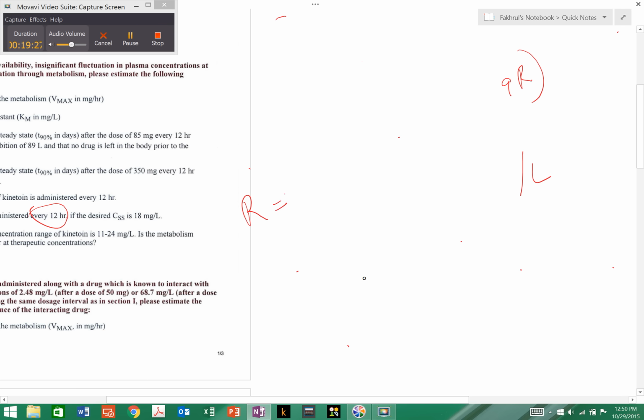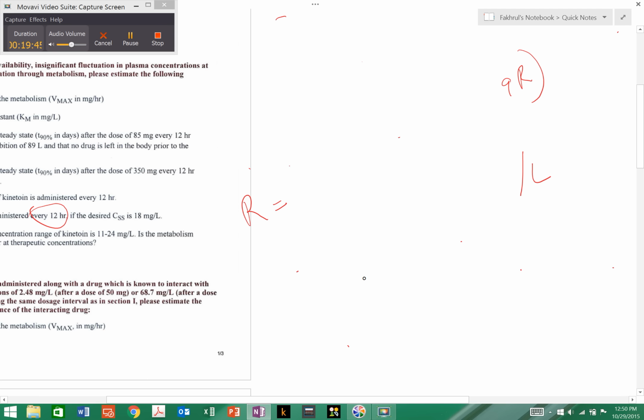We are going to calculate R, which is the dose to be administered. Sorry, let's do the equation first.